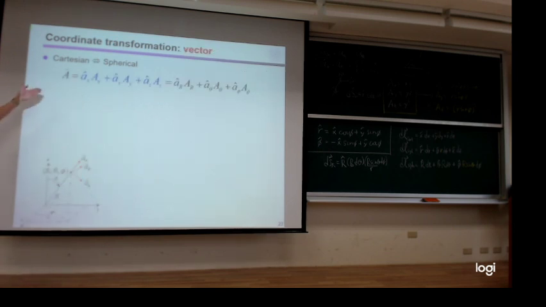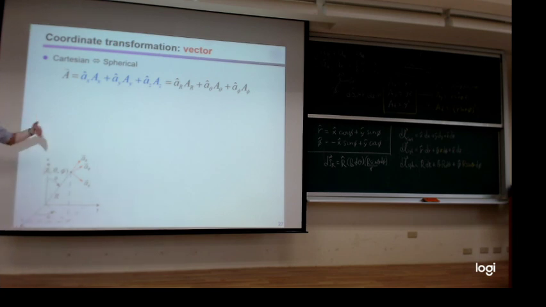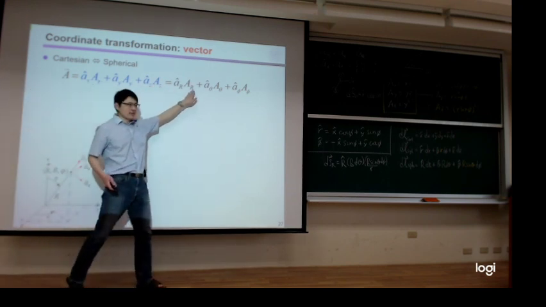Again, vector. If you can convert for positions, you need to be able to convert for vectors. And you are using the same steps. A given vector can be expressed in Cartesian form or in spherical coordinate form.